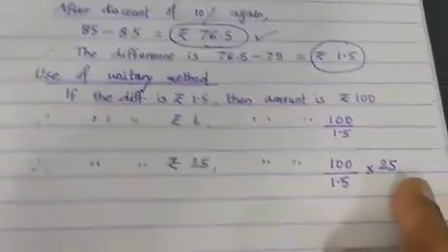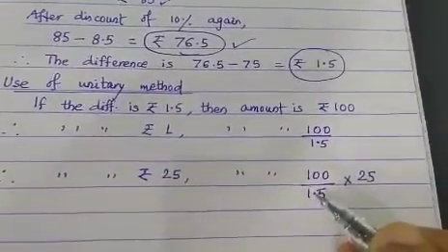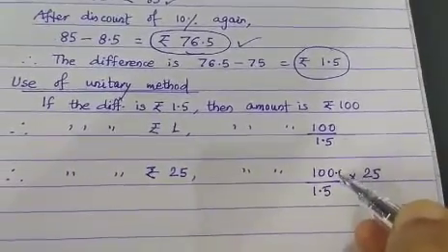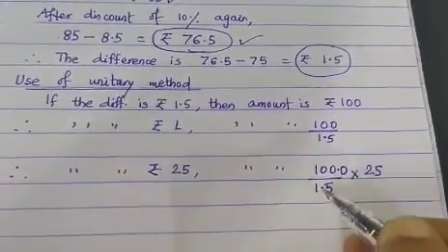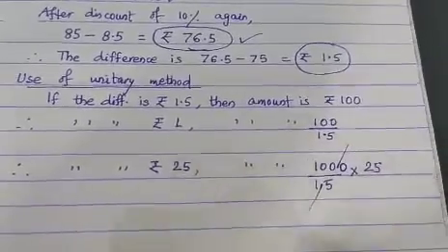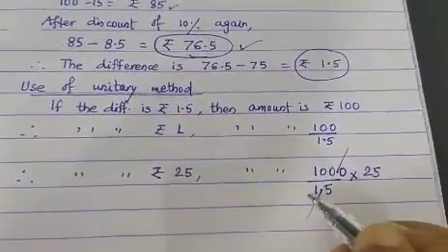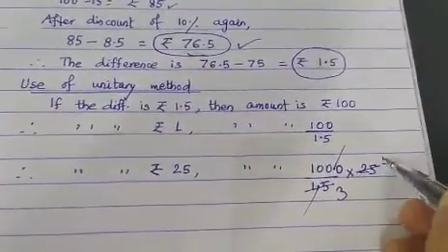Now we have to solve this one. So better you remove the decimal first. You give one 0 here, then you can remove the decimal. Now 5 3 is 15, 5 5 is 25.